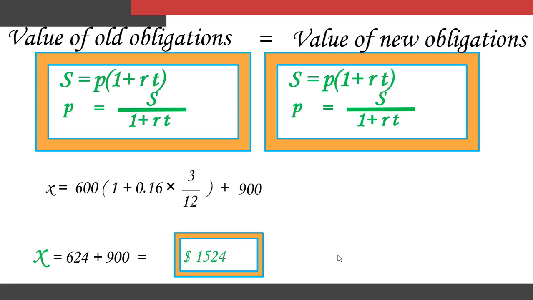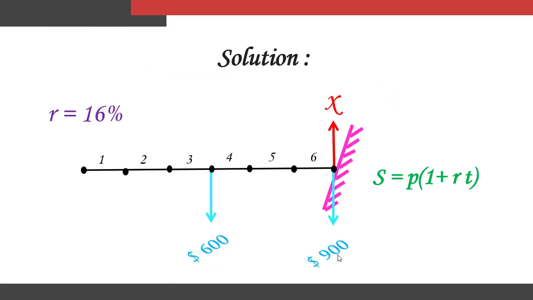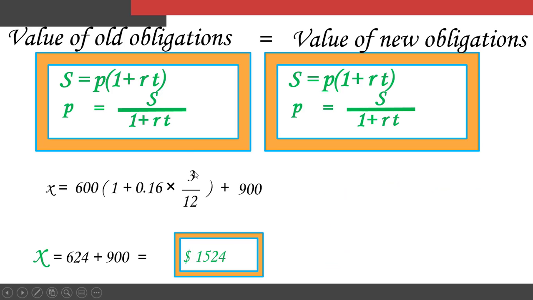The main formula: value of old obligations equals value of new obligations. Note that the time for $600 is the distance between the maturity date of $600 and the focal date. So T equals 3 over 12.